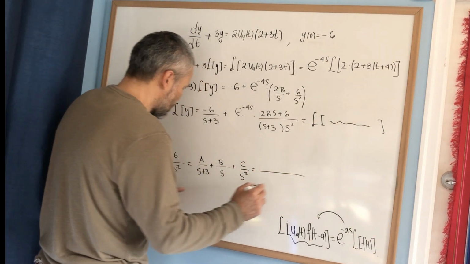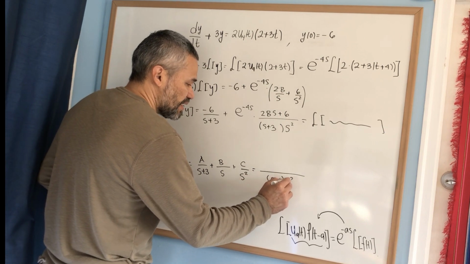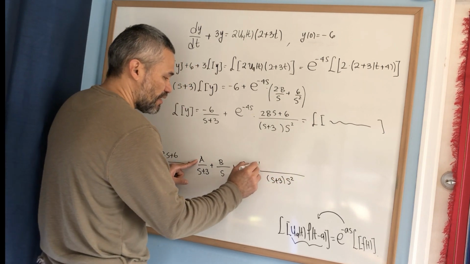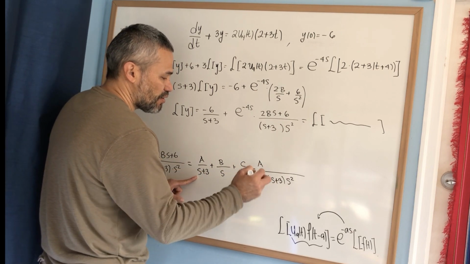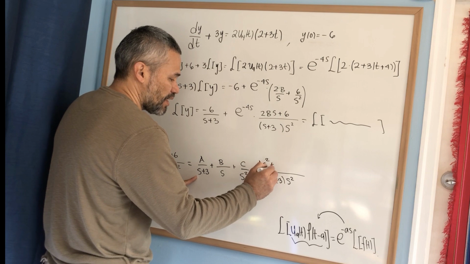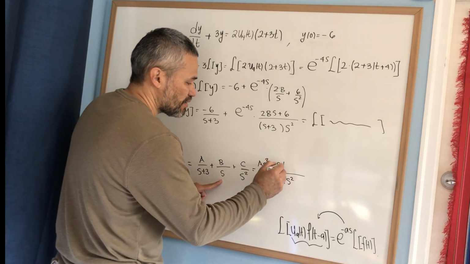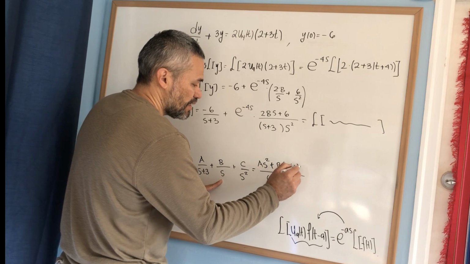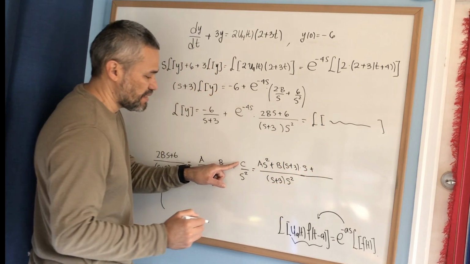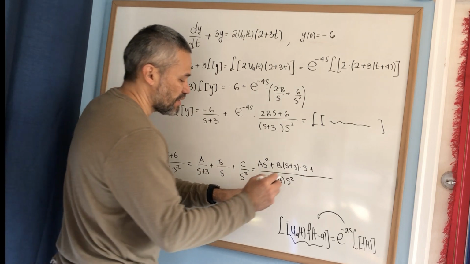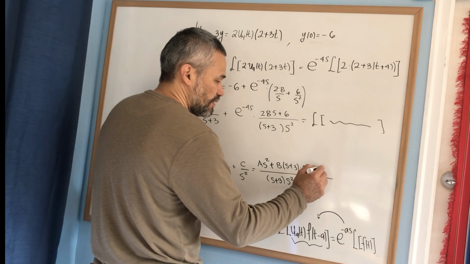Then we make sure that we have the same common denominator, s plus 3 times s squared. And here we have a times, what is missing s plus 3 to be this denominator? Is missing an s squared plus b. What is missing s to be this common denominator is missing an s plus 3 times s. And what is missing this denominator to be equal to that denominator is missing an s plus 3.